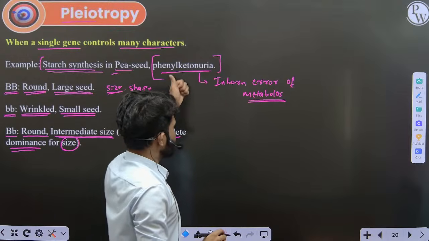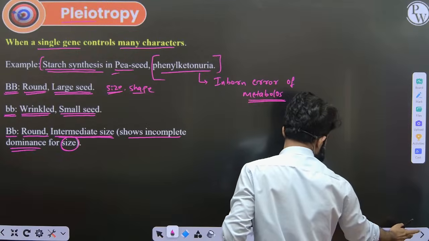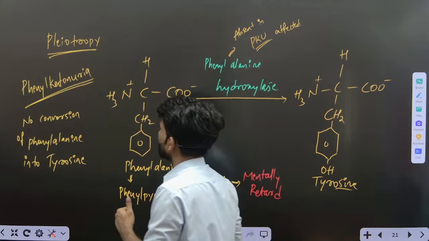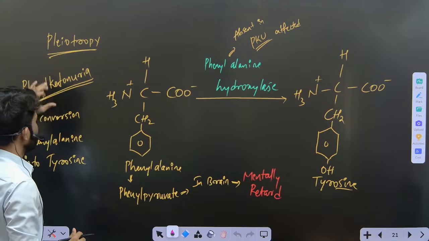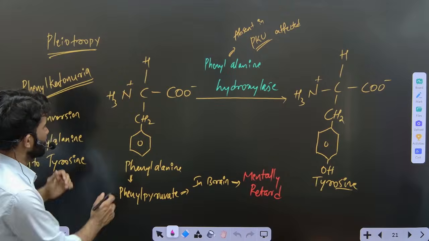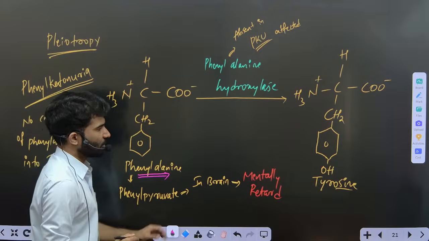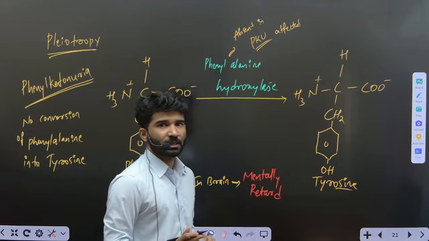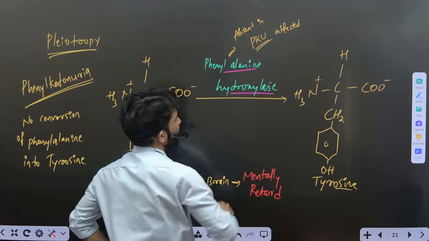This disease is an example of an autosomal recessive disorder. In phenylketonuria, phenylalanine is converted into tyrosine in the presence of the enzyme phenylalanine hydroxylase.